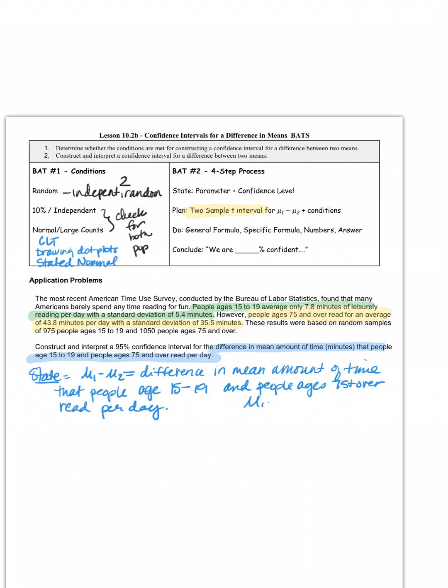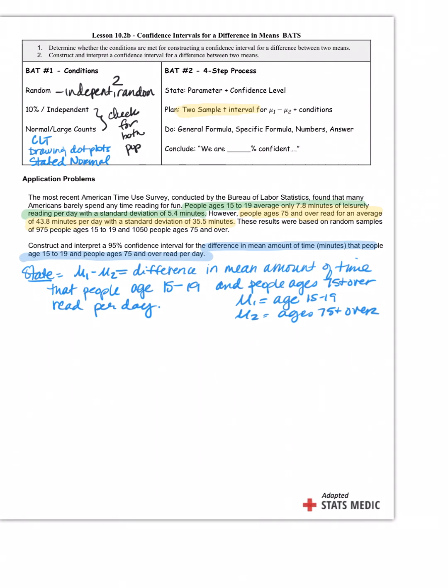Now I might define here mu1 is going to be the age 15 to 19 group. Mu2 would be the ages 75 and over group. Just so I've cleared up somewhere what those are going to represent in my question.